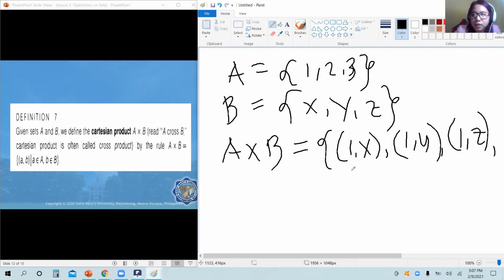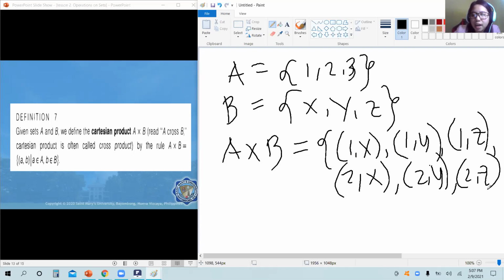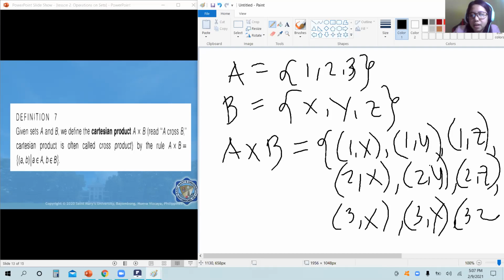It also contains 2X, 2Y, 2Z, and also 3X, 3Y, and 3Z. As mentioned, a is an element of our set A and b is an element of our set B, which is, of course, the case in this example.